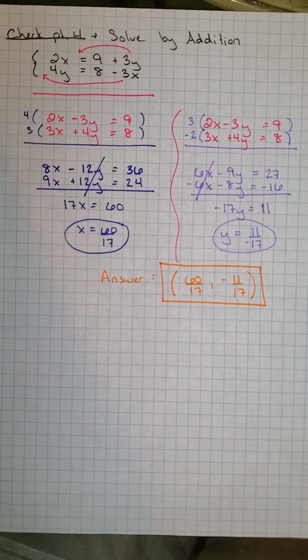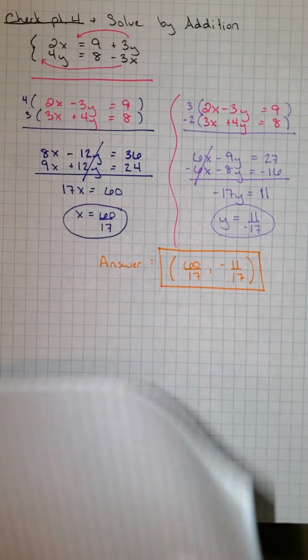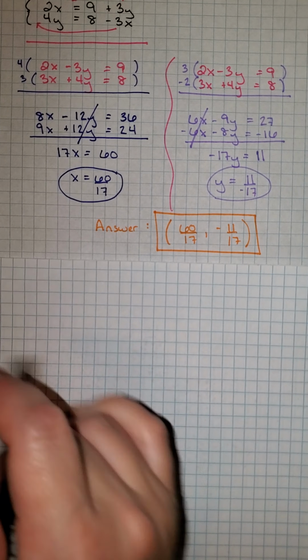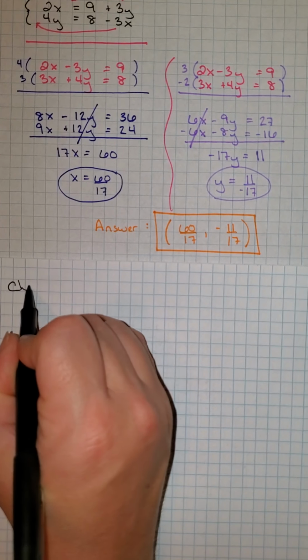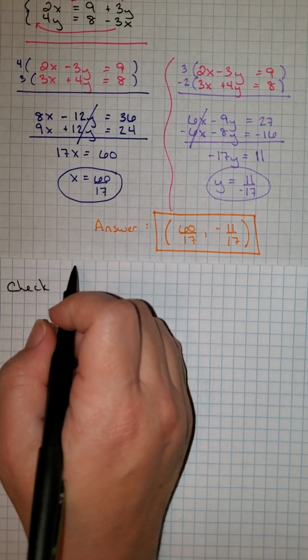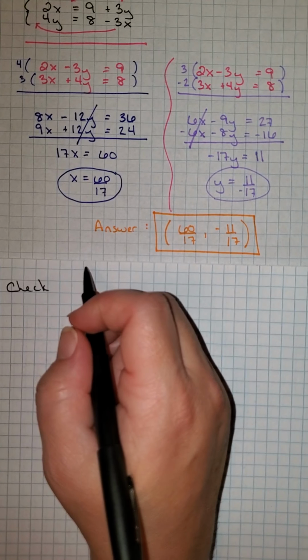Checkpoint 5 and checkpoint 6 are the two special cases. Alright, so checkpoint 5 is a system with no solutions, I believe.